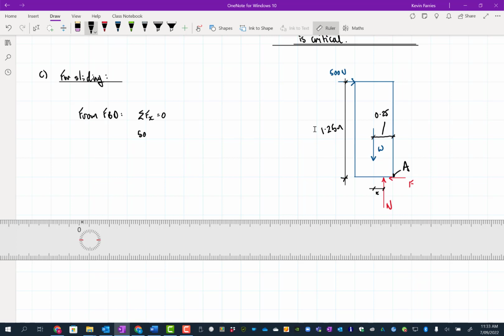Therefore, we're applying 500 newtons in the positive direction minus F is equal to 0. So F must be equal to 500, which is less than Fs. See above, we've already calculated it. So that means sliding is not critical.